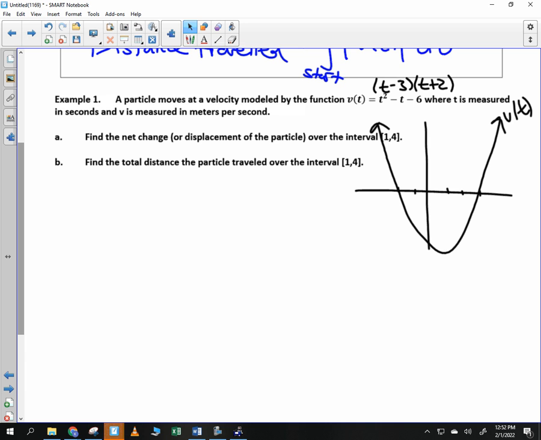So what we would like to calculate are really these two pieces. We're going from 1 to 4. So that means I'm going to start at 1, and I'm going to accumulate distance to the left. And then I'm going to accumulate distance to the right.